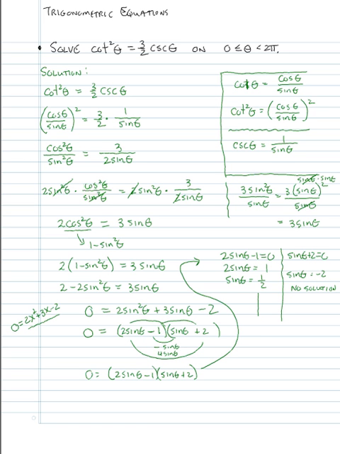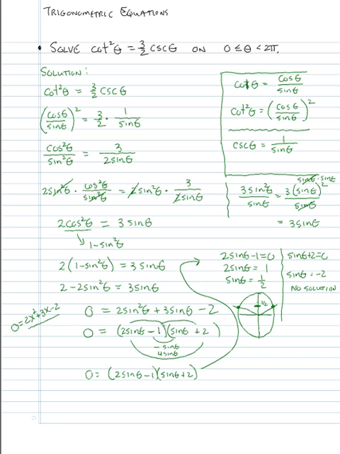Now, when we consider a unit circle associated with that, it would be a sine value that's 1/2, and a sine value is the second coordinate. And so if that's where 1/2 is, we would have 2 positions on the unit circle that have a second coordinate of 1/2, here and here.